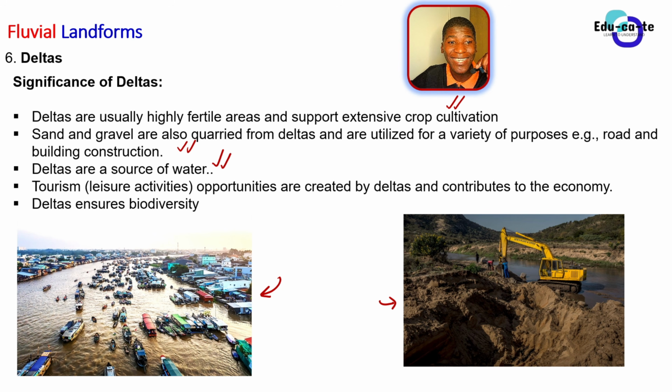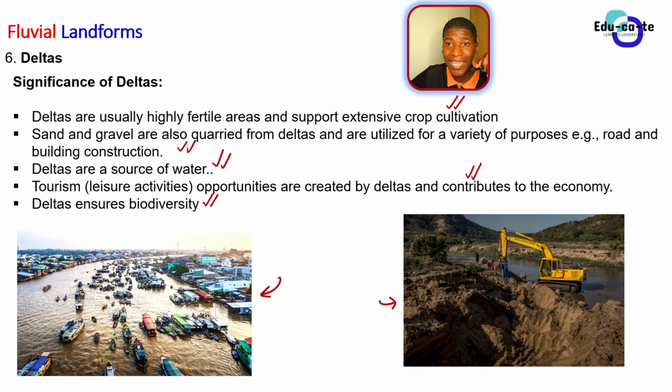So basically, deltas facilitate leisure activities such as tourism, and tourism is a big contributor to the economy. So it's an economic advantage of deltas. Deltas also ensure biodiversity because there are many species that can use them. Some deltas even have wild animals such as elephants.